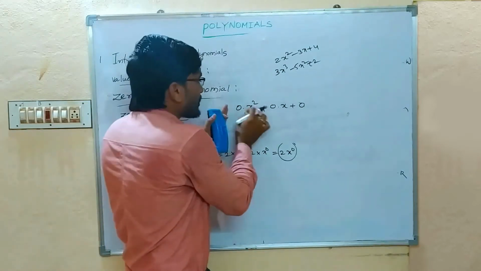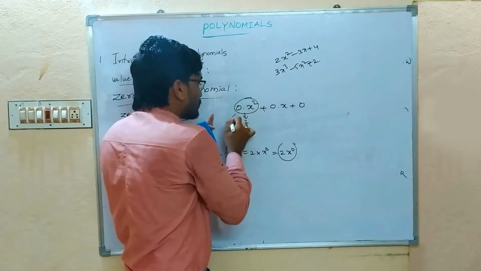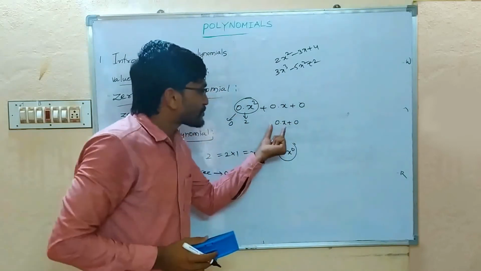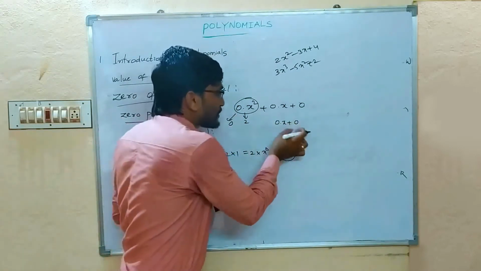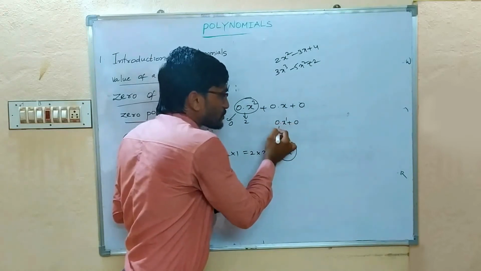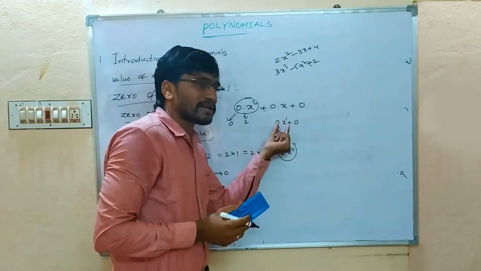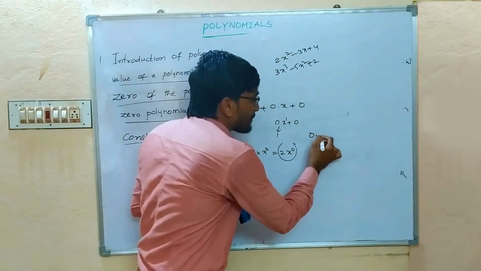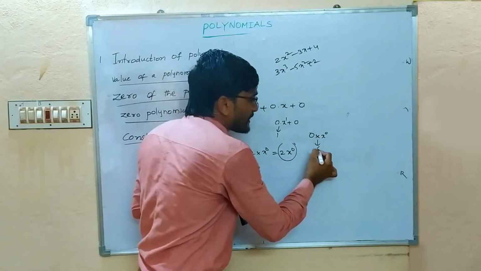Here 0 into x square is nothing but 0. Leave this term. Then we have remaining 0 into x plus 0. Here the highest power is 1, so the degree is 1. 0 into x is nothing but 0. So here 0 can be written as 0 into x power 0. Here the degree is 0.